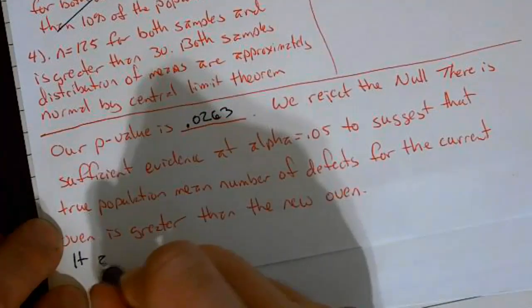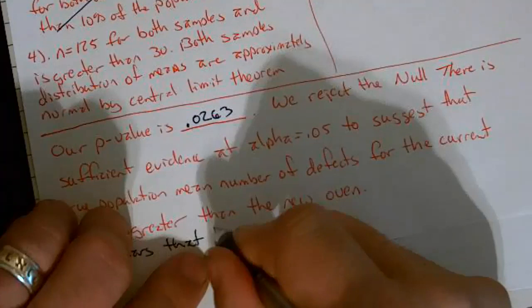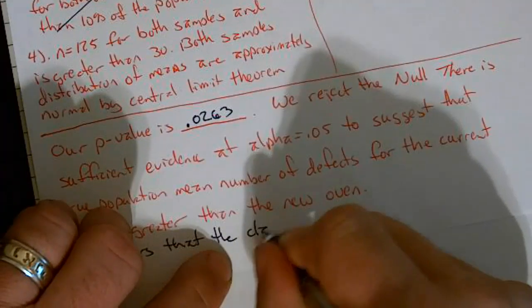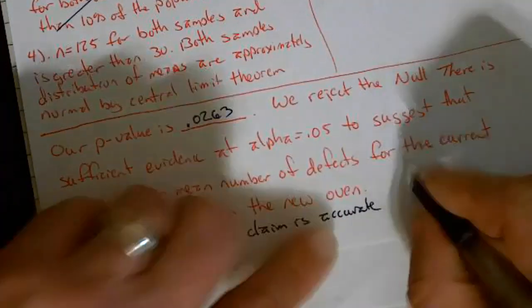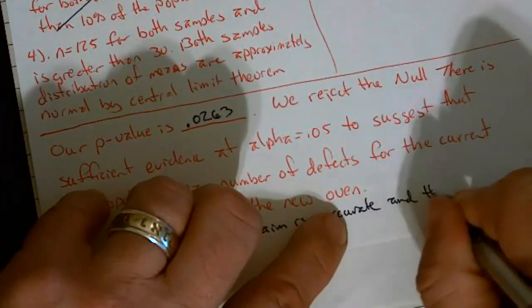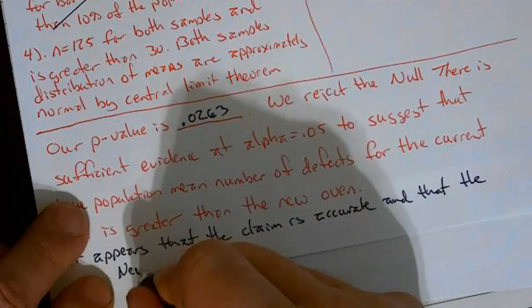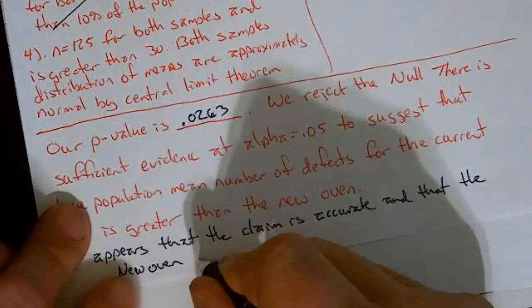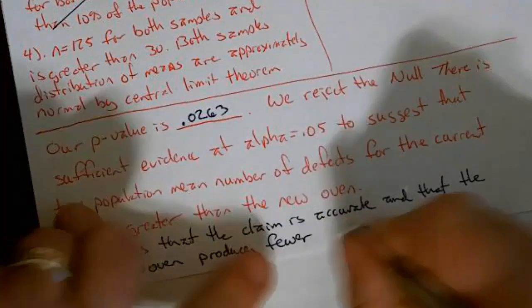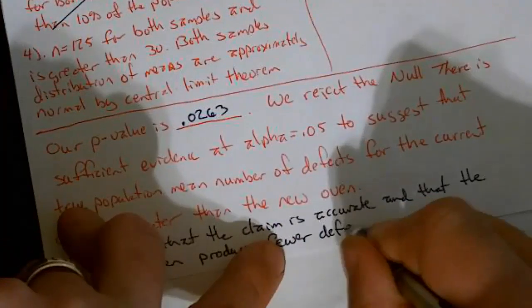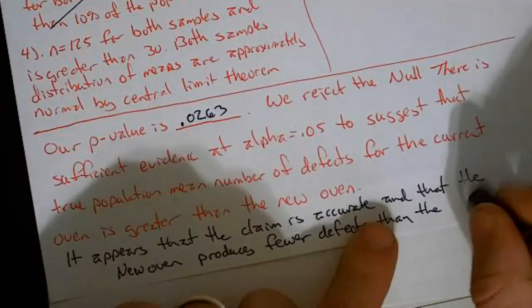It appears that the claim is accurate and that the new oven produces fewer defects than the current.